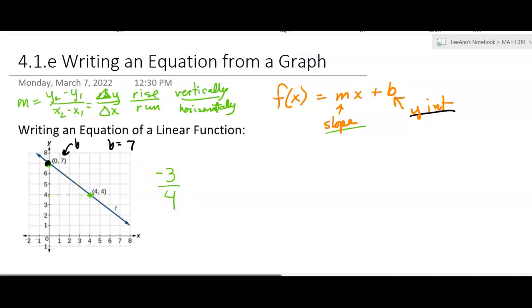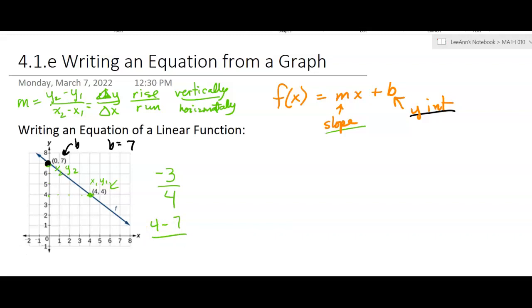And you could say, well, that's not very mathematical. You didn't use the formula. I can use the formula if you want me to. And by the way, it doesn't matter which point's first and which point's second, but you could use this as x sub 1 and y sub 1, x sub 2 and y sub 2. Okay, so 7 minus 4.